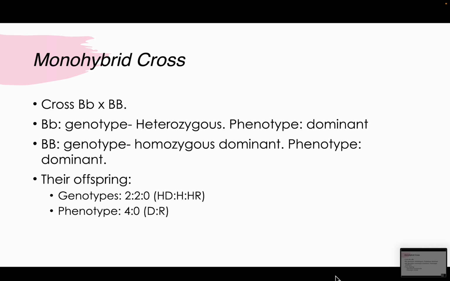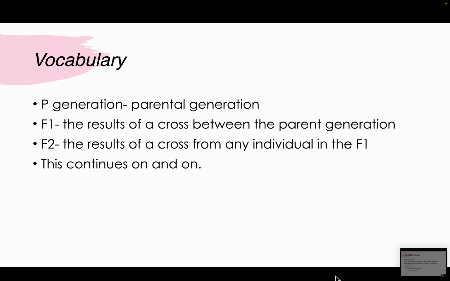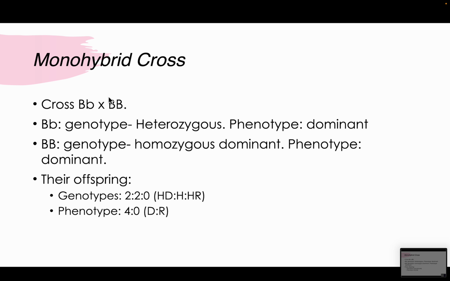So, I'm going to skip this and reference back to it after the next slide, because this is really basic biology. But we'll start with the P generation. The P in P generation stands for parental. It is the one you originally start with, which is this one right here, which is your heterozygote and your homozygous dominant individuals.